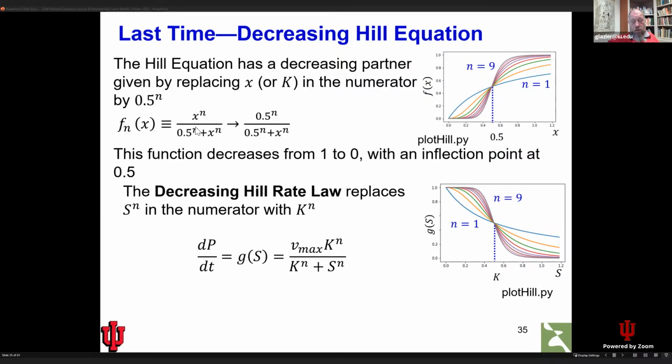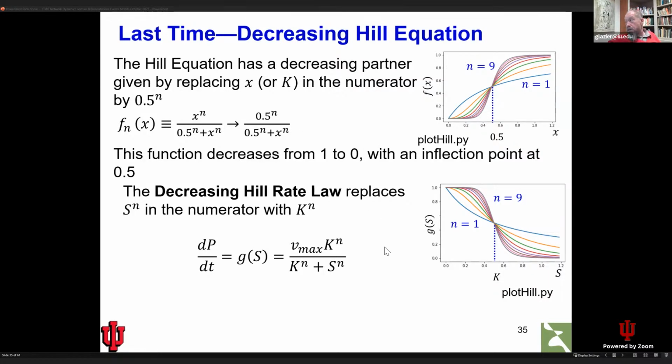And if I want to go from increasing to decreasing, I replace the x in the numerator by k. And so x to the n over k_1/2 to the n plus x to the n goes to k_1/2 to the n over k_1/2 to the n plus x to the n. So the denominator doesn't change. The numerator goes from having the variable in it to having the k in it.